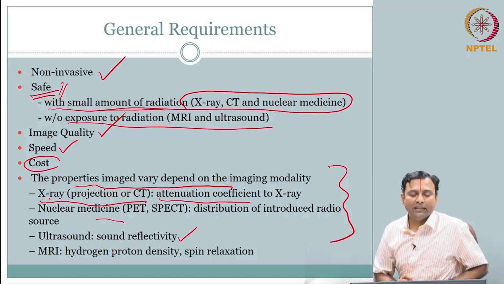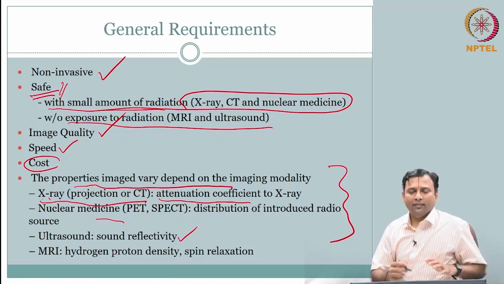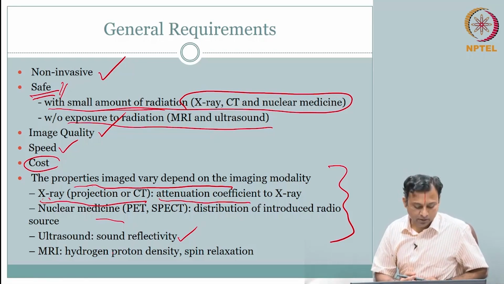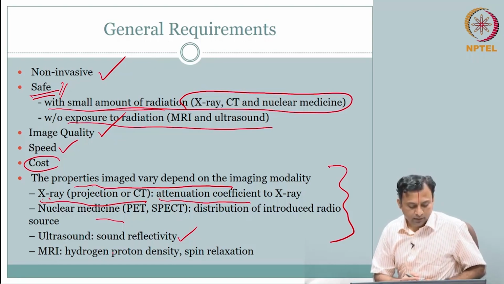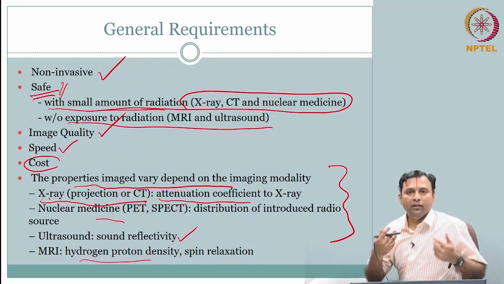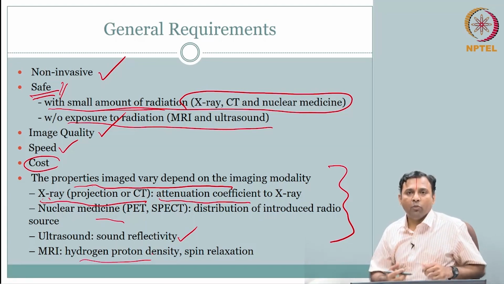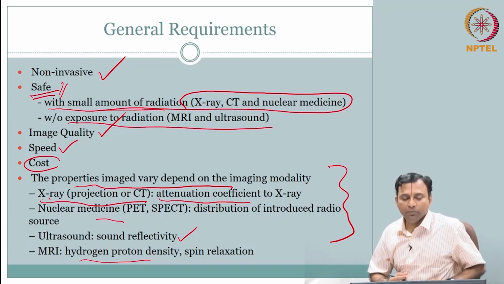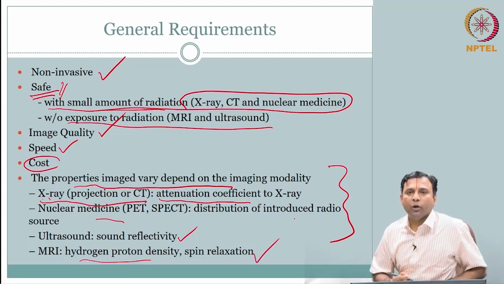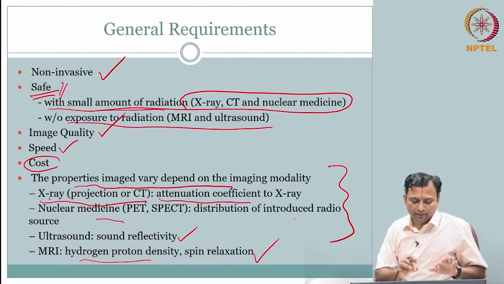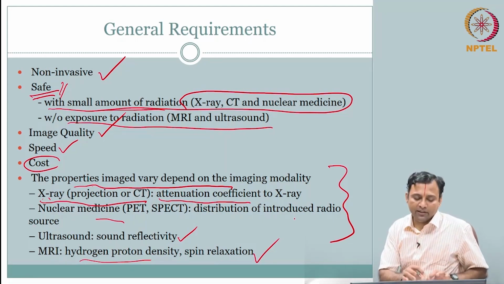In magnetic resonance imaging, there are several parameters you can go after. Most commonly for the human body, we are talking about hydrogen, because we are all water bodies. We have a lot of H2Os, so there are a lot of hydrogens. So hydrogen, proton and spin relaxation property. Do not worry if you are not still able to latch on to the details here.